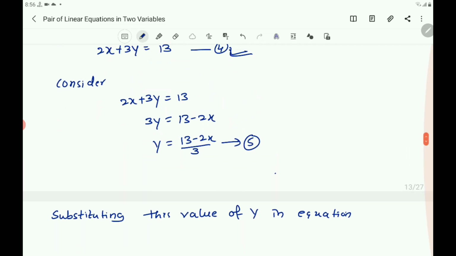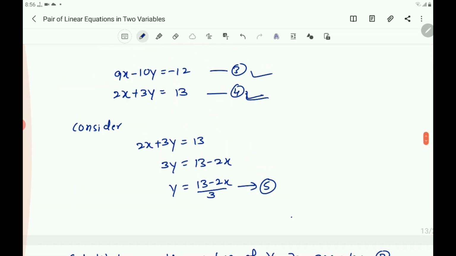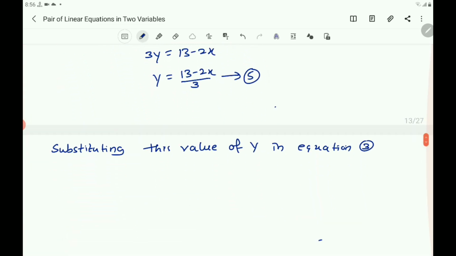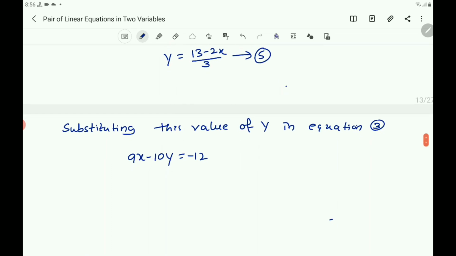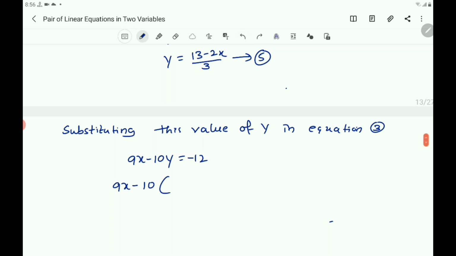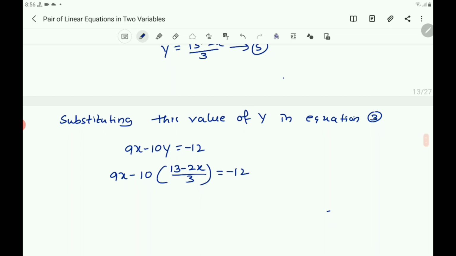Write that equation, 9x minus 10y equals minus 12. Then you write 9x as it is minus 10, y value is 13 minus 2x by 3, equals minus 12.